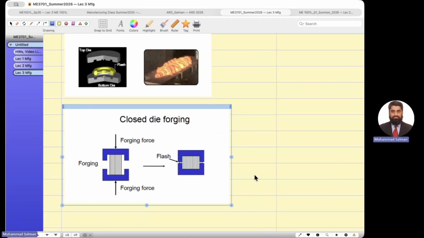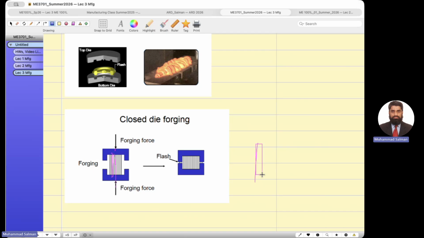These are important. You will see later down the road that I will start doing the analysis from the center line. But for this piece, the left or the right, I will take a small piece of the forging material, and I will show you when the forging force hits the material from the top, and the bottom is a reaction force.